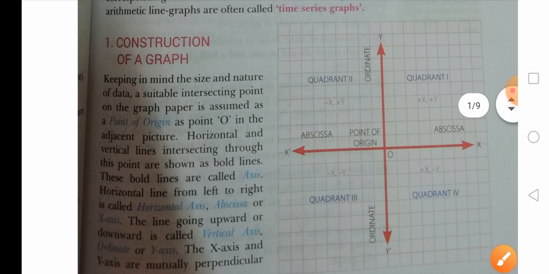After that, in constructing a graph, we have to keep in mind the size and the nature of the data and choose a suitable intersecting point on the graph paper, as shown here.